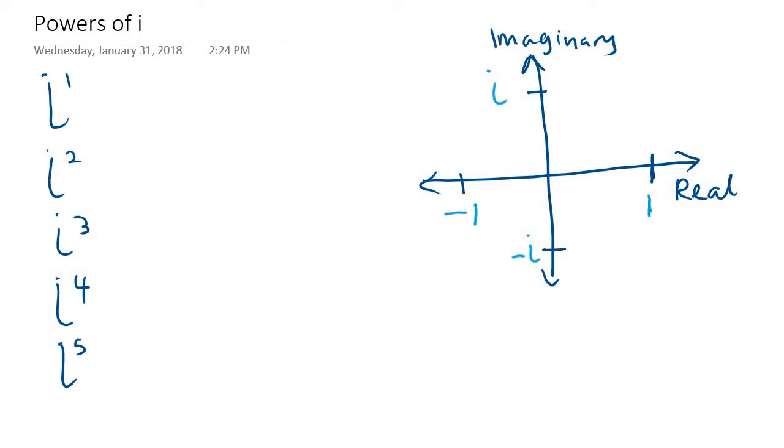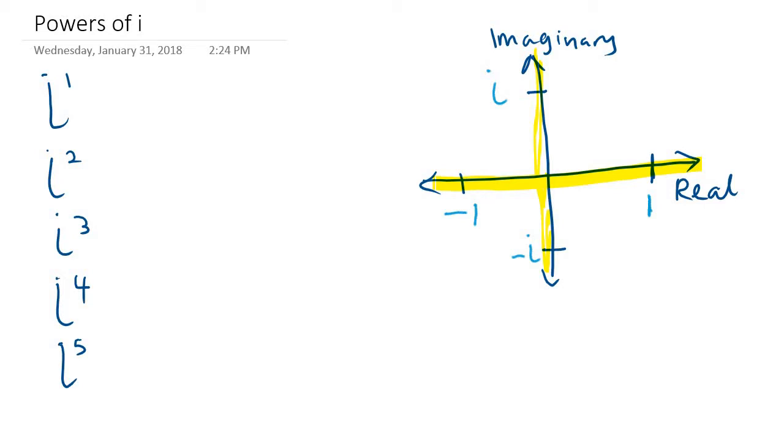On the horizontal axis are the real numbers, and on the vertical axis are the imaginary numbers. So every real number, when it's multiplied by the imaginary unit, is rotated by 90 degrees.